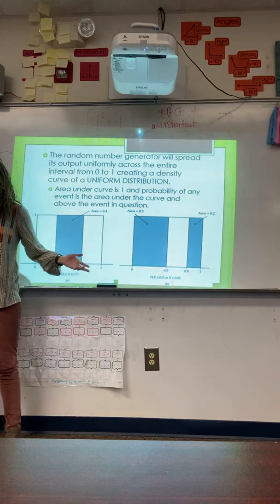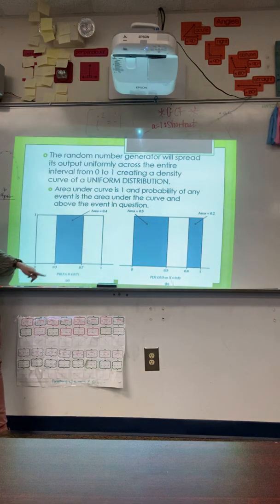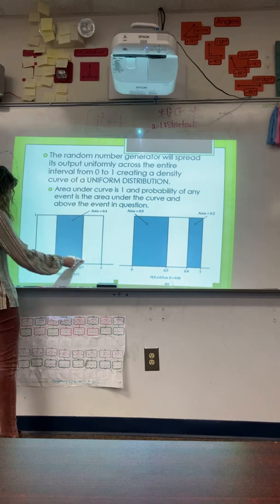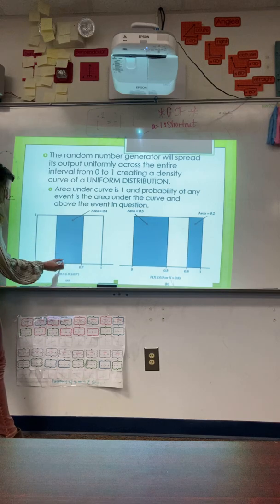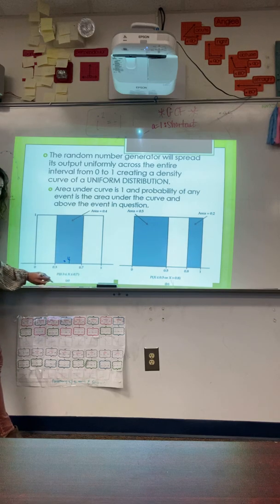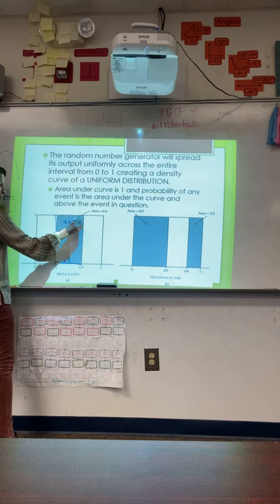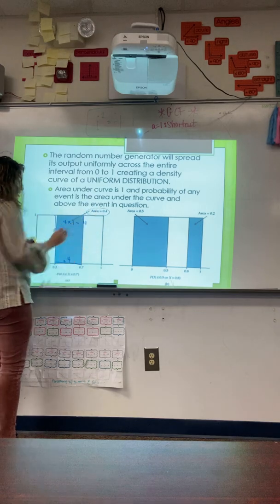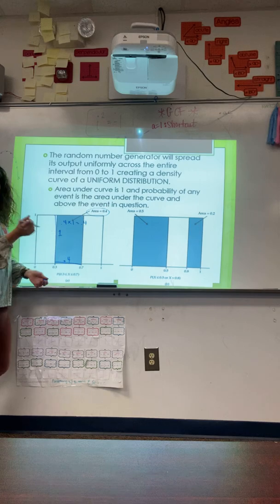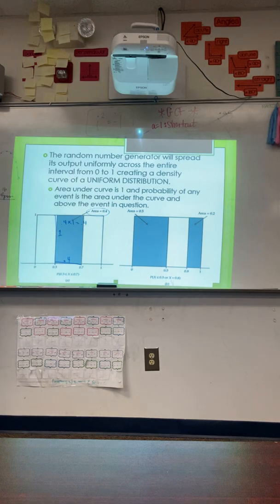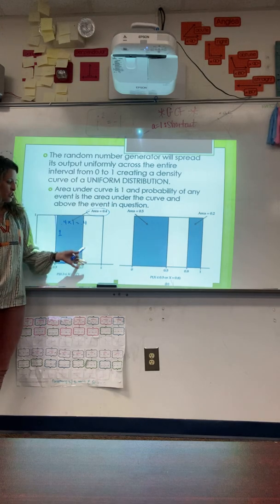So if they ask what is the probability that X falls between 0.3 and 0.7, you find the distance between 0.3 and 0.7, which is 0.4. That's my base, and my height is 1, so you just do 0.4 times 1, and we get 0.4, and that is the area. All you're using is base times height, or length times width, on uniform distributions. It is a rectangle. That's all you have to do.